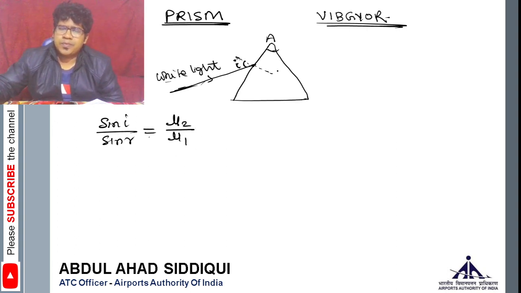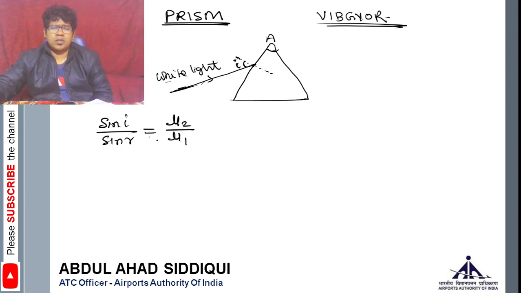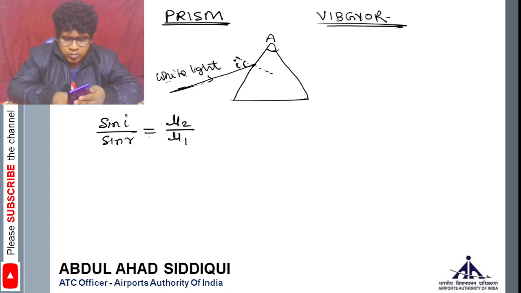So what happens? Mu 2 upon mu 1 or mu 1 upon mu 2?